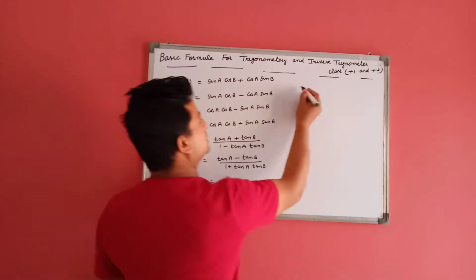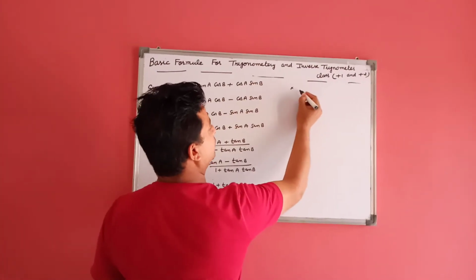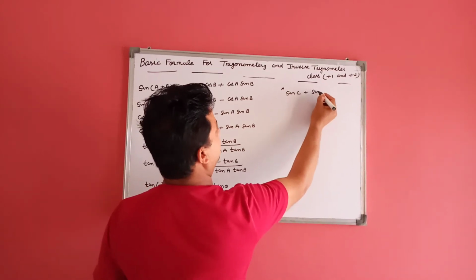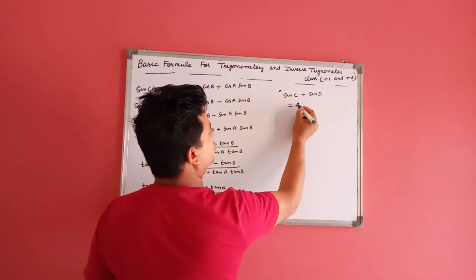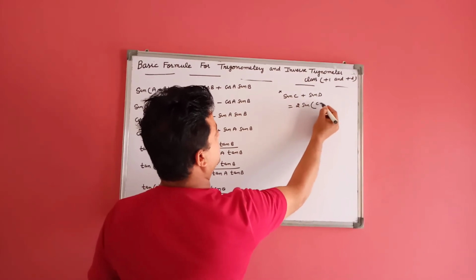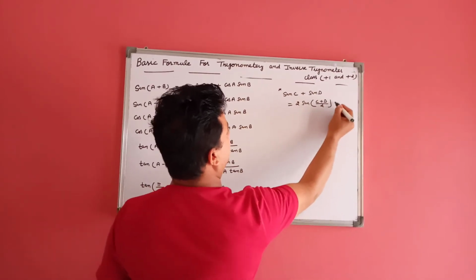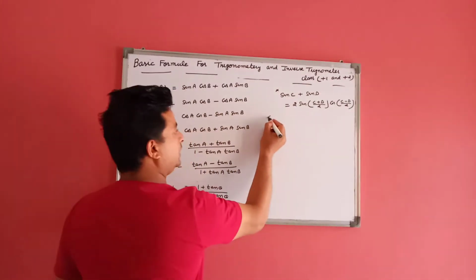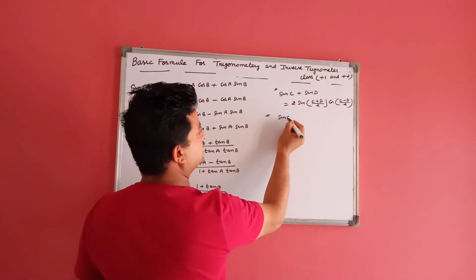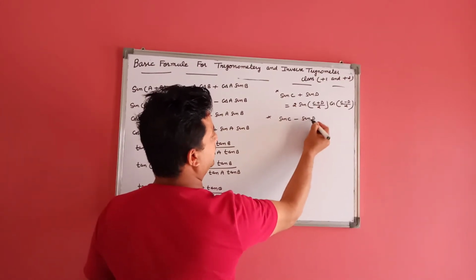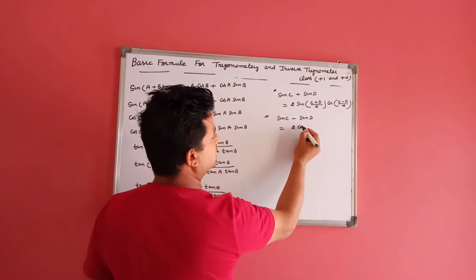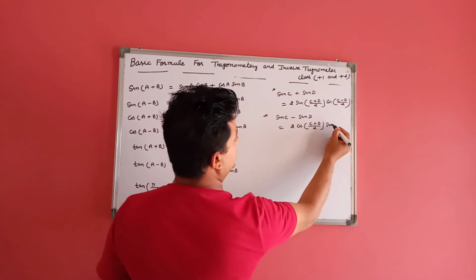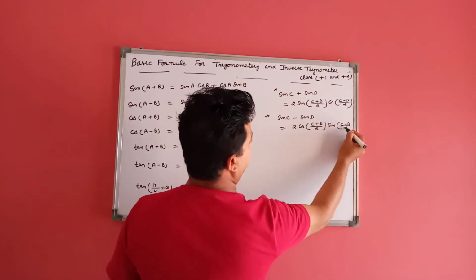There are 4 CD formulas, which are: first one is sin C plus sin D, which equals 2 sin((C+D)/2) into cos((C-D)/2). Next one is sin C minus sin D. In this, cos is in front: 2 cos((C+D)/2) into sin((C-D)/2).